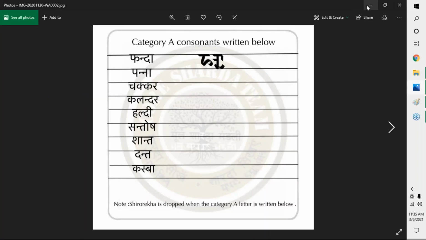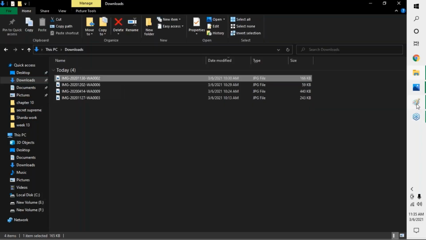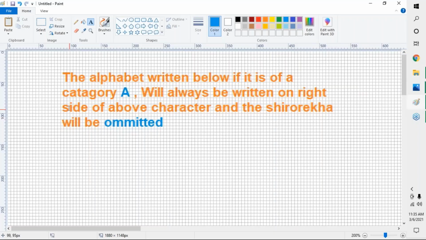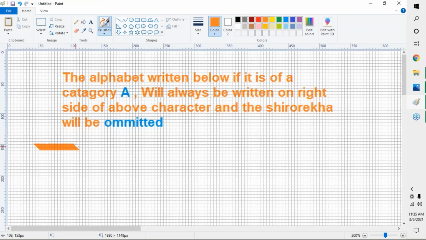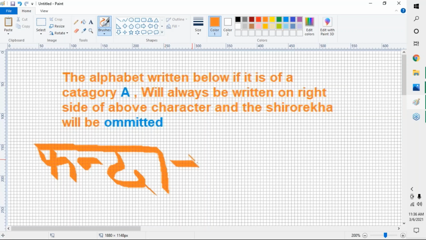So Fanda, let's take Fanda in Devanagari. Whenever we have to write conjuncts, let's put Fa first.